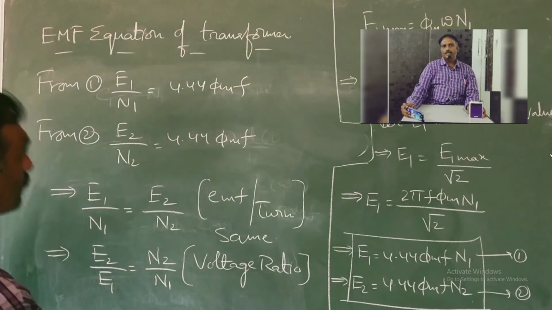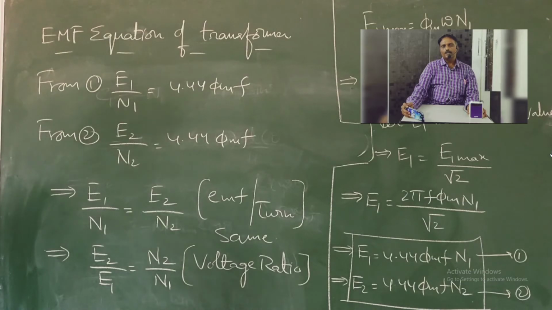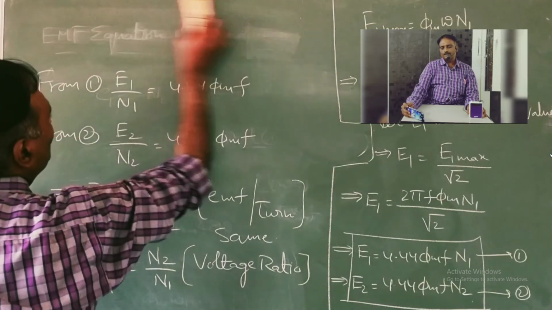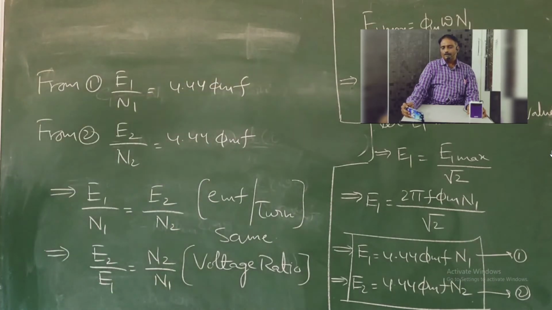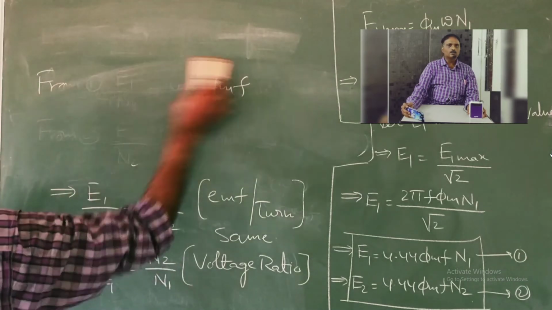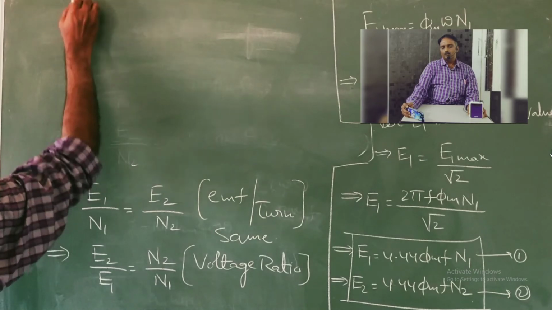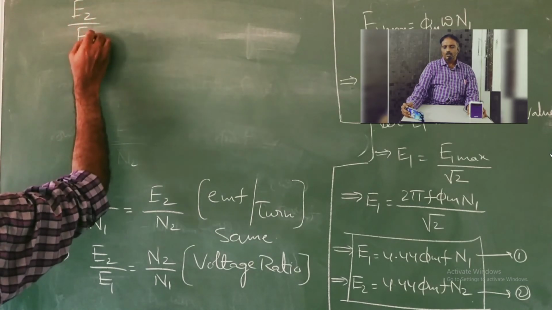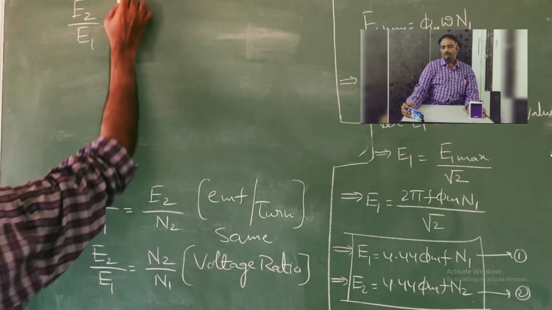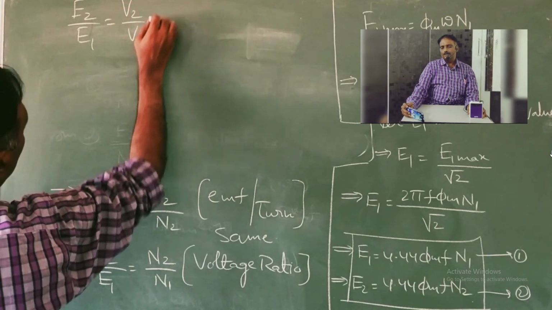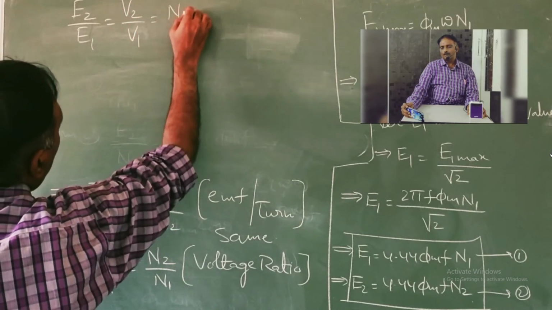If we consider the ideal case of a transformer where the losses will not be considered at all, then the same ratio can also be expressed like this. That is, E2 by E1 is equal to V2 by V1 is equal to N2 by N1.